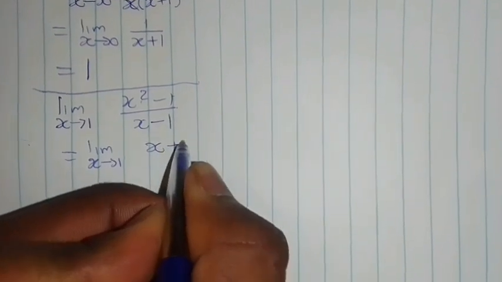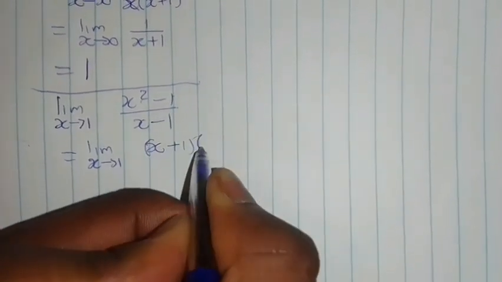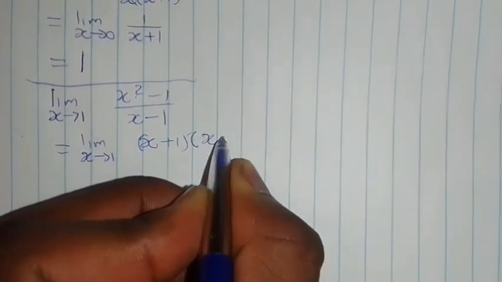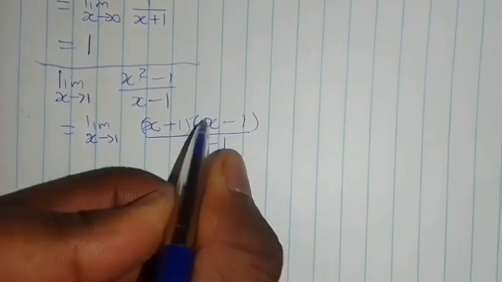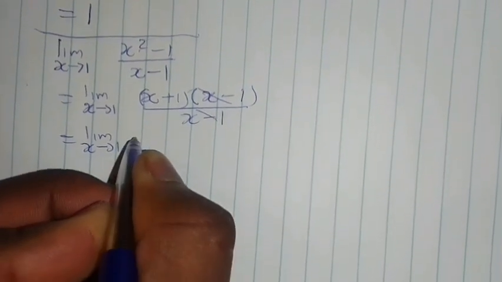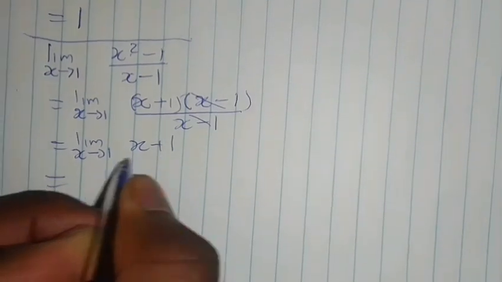So you're just going to have x plus 1 multiplied by x minus 1 divided by x minus 1. This will cancel this, and you're just going to have the limit when x goes to 1 of x plus 1. Now when x approaches 1, you're going to have 2.